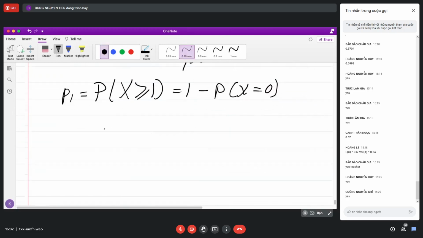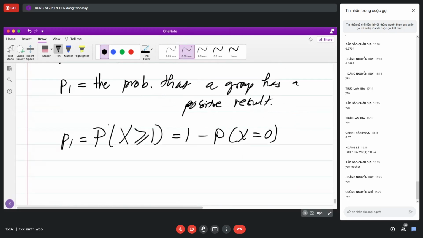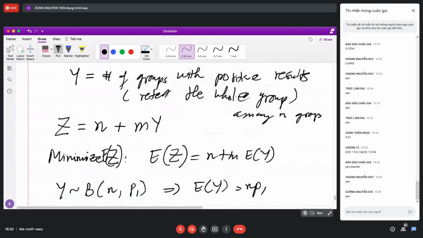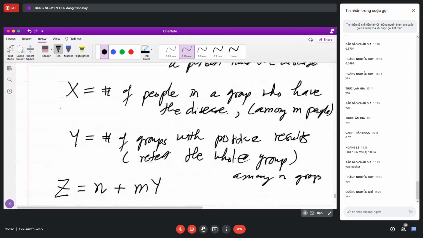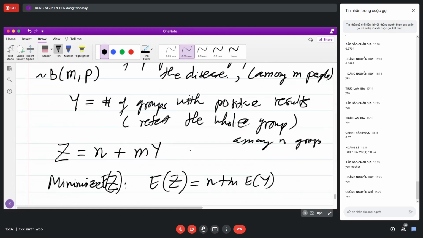So x follows a binomial distribution with the parameters m, p, because there are m people in that group, and the probability that each person has the disease is p. So x follows a binomial distribution.